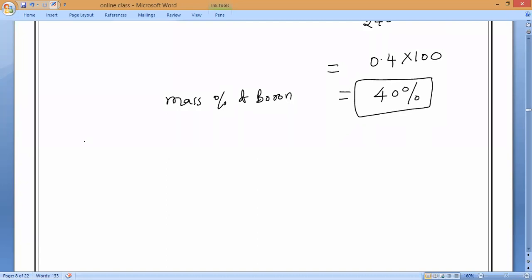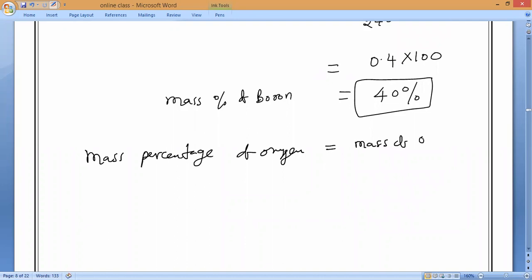Now I want to find it for oxygen also. So mass percentage of oxygen. Can you tell me the formula? What will happen? Everybody, all of you should tell. Mitakshri, Akilan, Abhirami: mass of oxygen divided by mass of compound into 100.